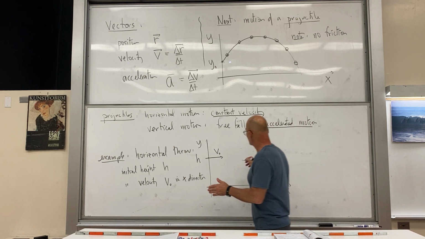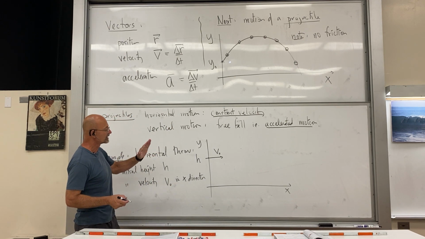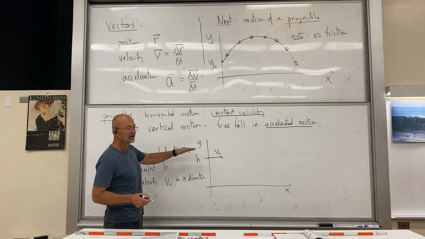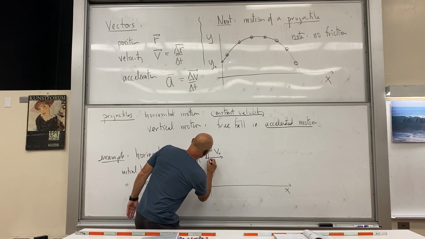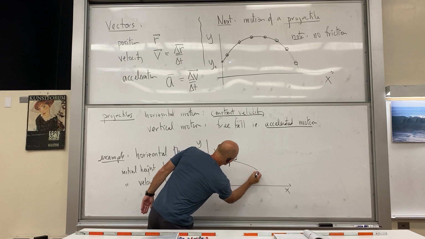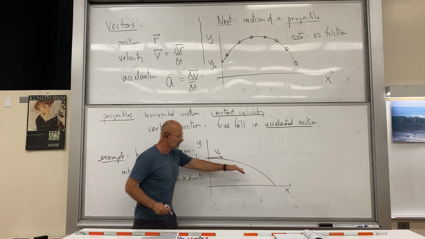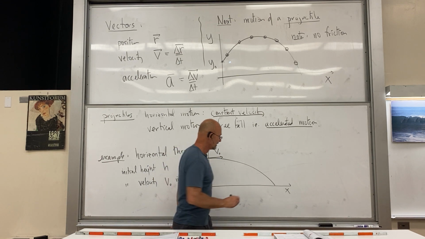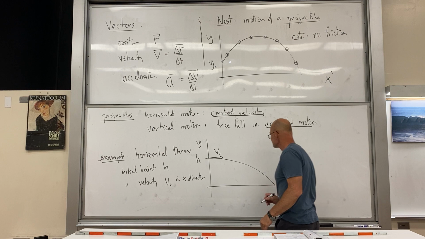Well, actually, first of all, let's draw what we know will happen. We throw something horizontally, it's not going up, we're not launching it downwards, so it starts out smooth and horizontal and then it falls. Right? Starts falling immediately, and here's where it lands on the ground. So I'm going to label this distance d.